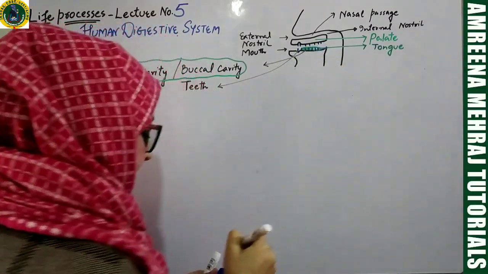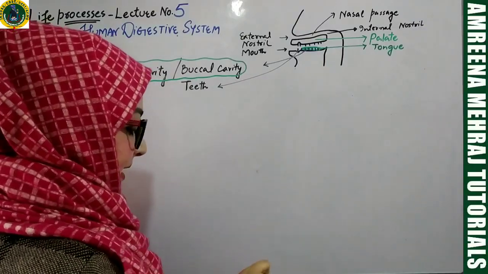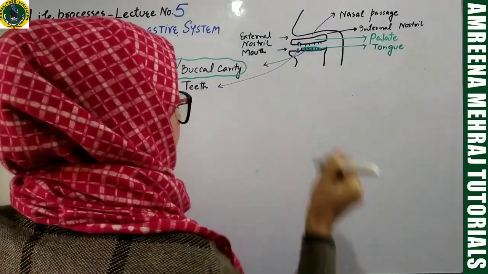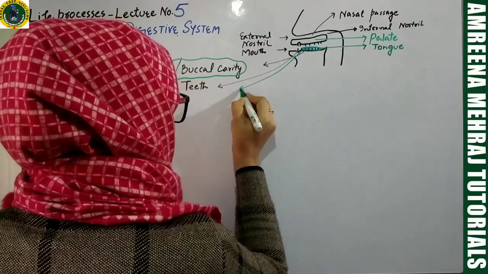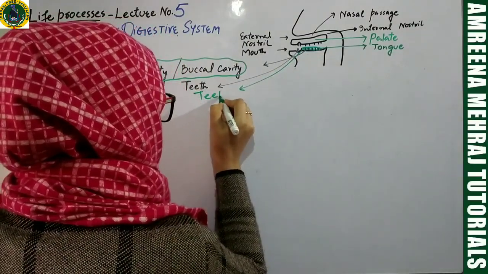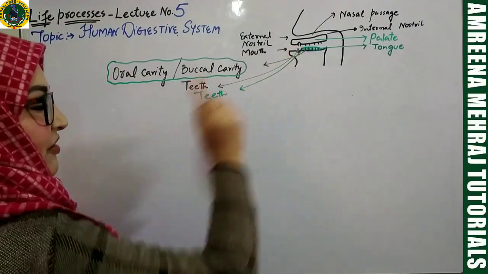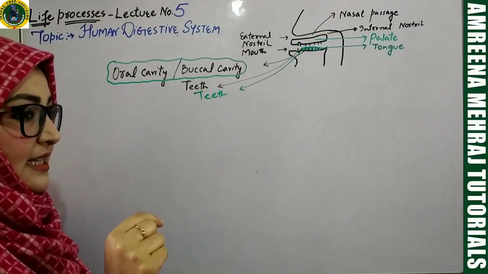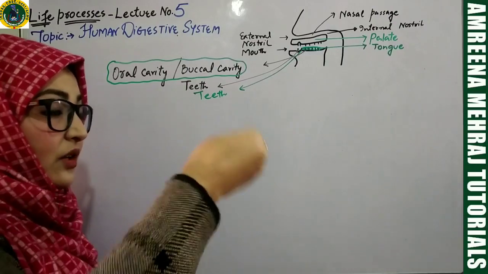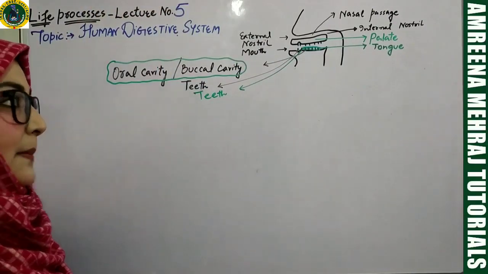So these are the representations of your teeth. This depression which I have made is to give you an indication that there are sockets in which teeth will be embedded.